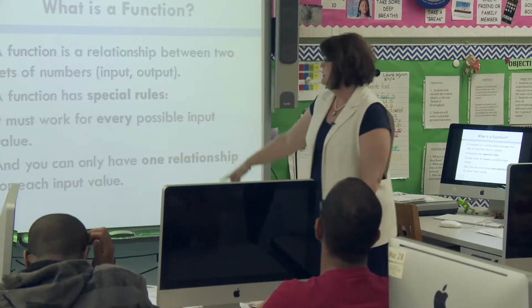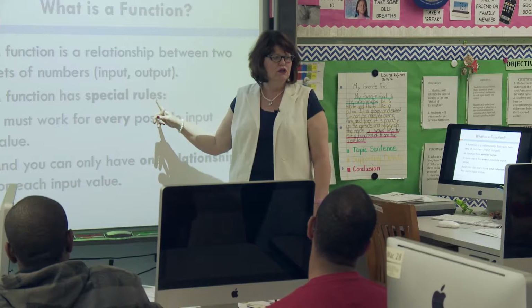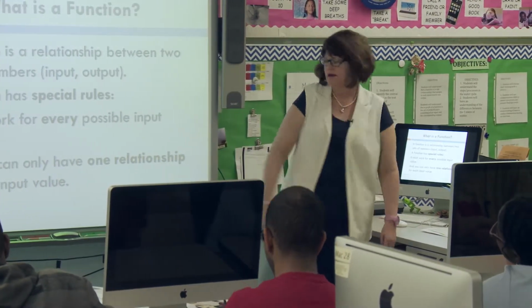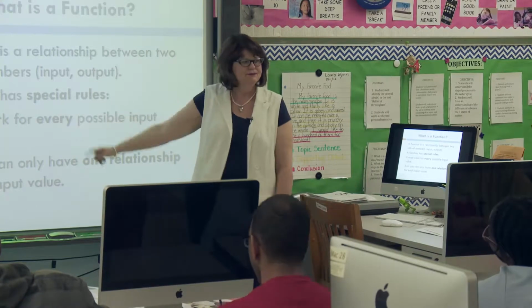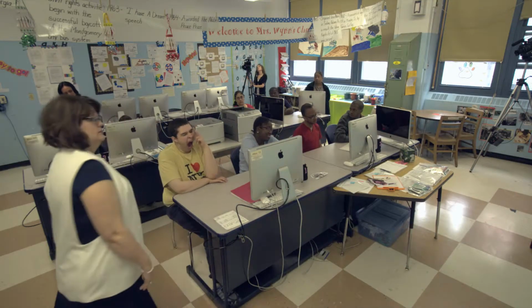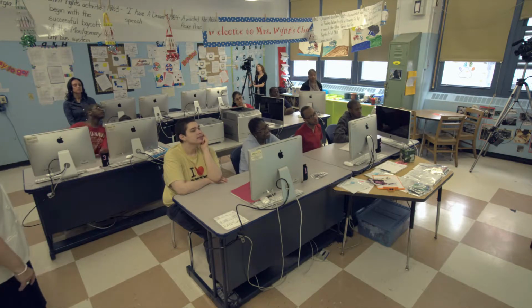All right. Oh, wait a minute. What does this mean? It has special rules. Andrew, what's our special rule for a function? Every one. It must work for every possible input value.